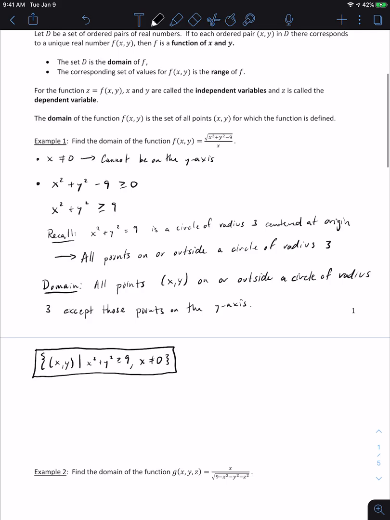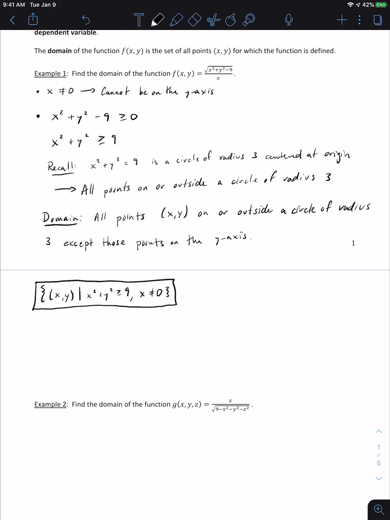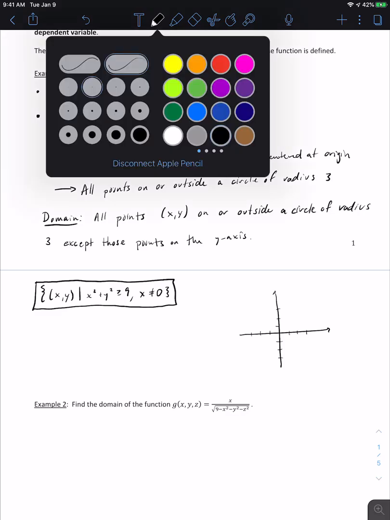And now remember, the domain is a plane, right? And so it's on the x and y coordinate plane. So let's go ahead and just draw what that would be. Right? So 1, 2, 3, 1, 2, 3, 1, 2, 3, 1, 2, 3. Okay.